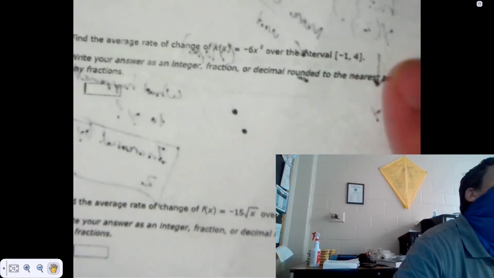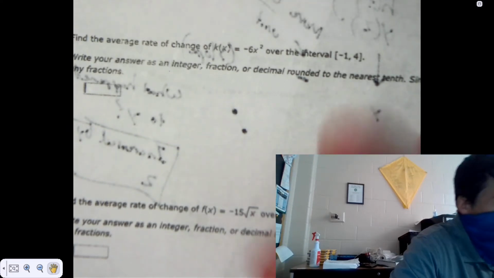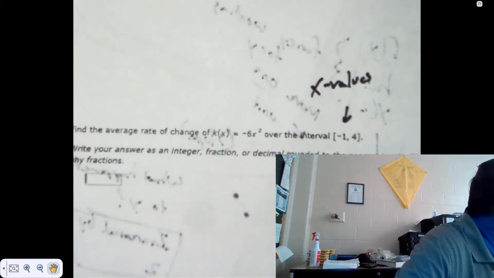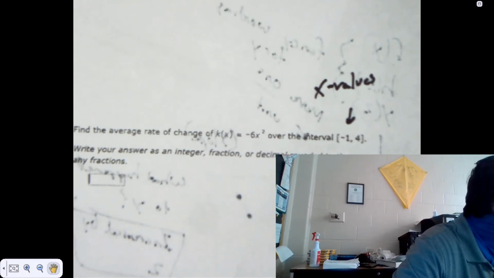So here's one question. Find the average rate of change over the interval -1 to 4. Now, these are x values. From x equals -1 to x equals +4.